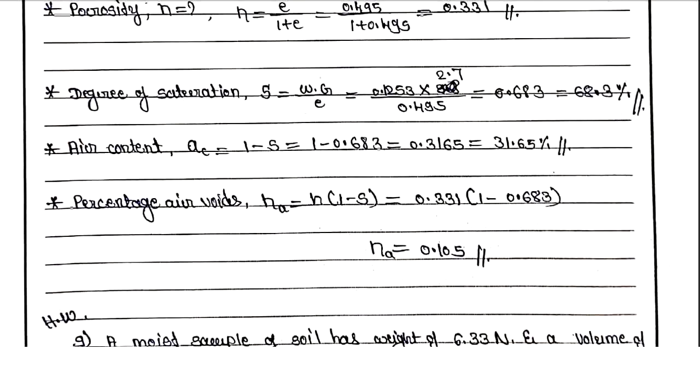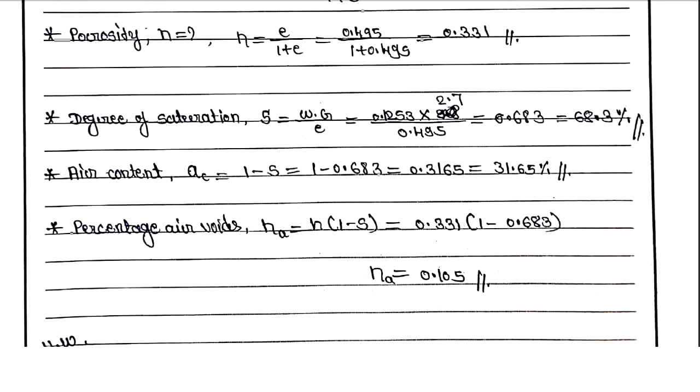Next, percentage air voids. We have a formula: Na is equal to air content into 1 minus S. So air content is n, that is void ratio, into 1 minus S. Here n is the void ratio, so the void ratio is 0.331 into 1 minus 0.683.